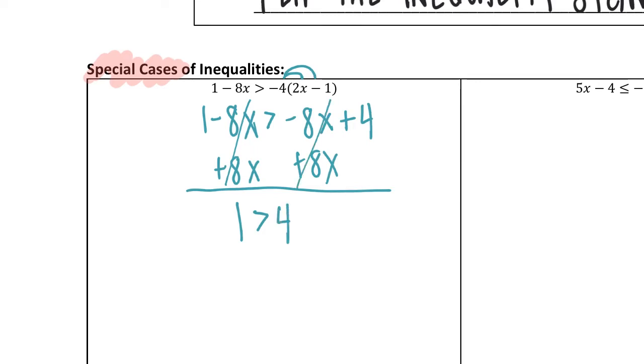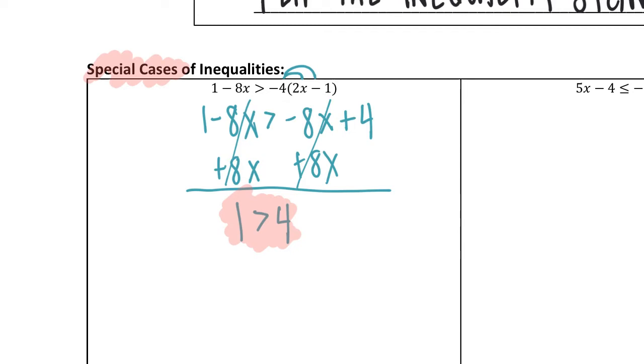Now, when you look at these numbers that are left over, you have an inequality statement. 1 is greater than 4. Now think to yourself, is 1 greater than 4? Of course not.